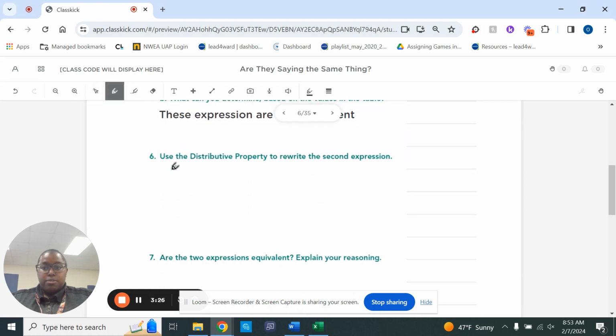So we have 2 times the quantity of x plus 5. Remember, distribute to give through multiplication, or it could be division, in this case, multiplication. So 2 times x equals 2x, and then 2 times 5, keeping my operation, is 10. So it is 2x plus 10.